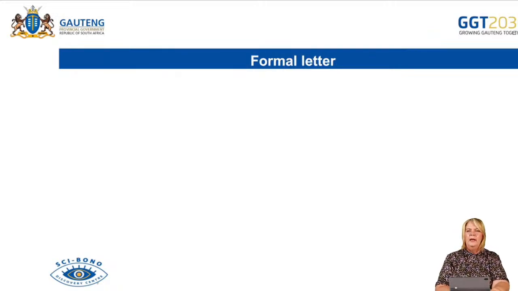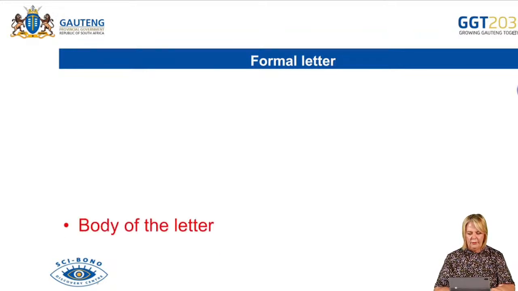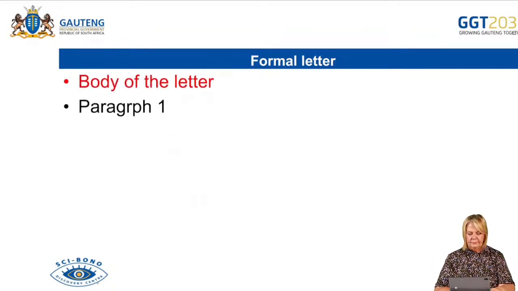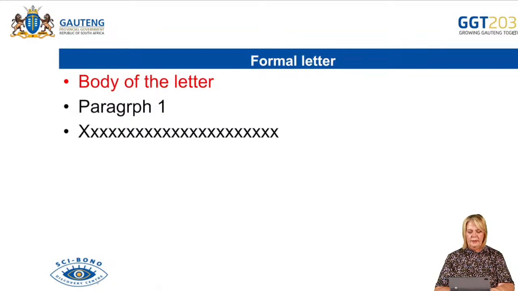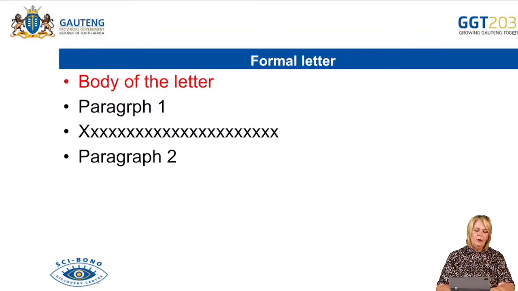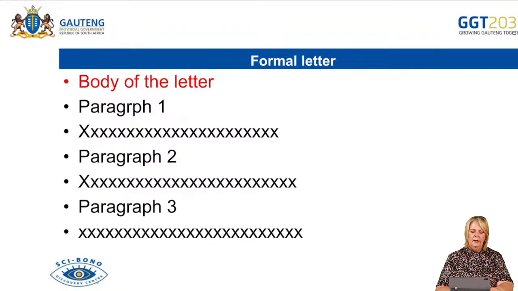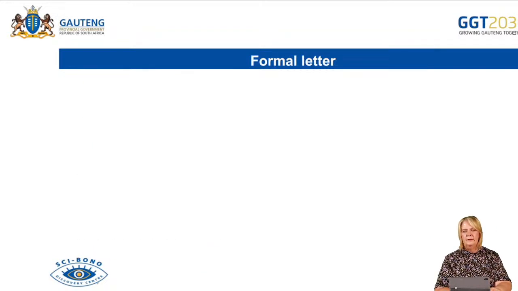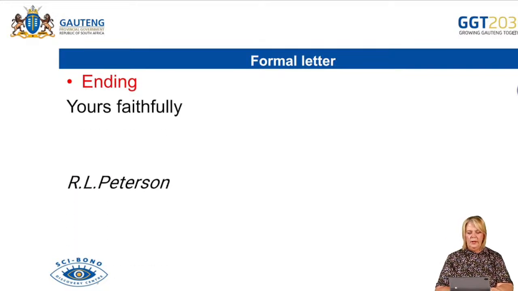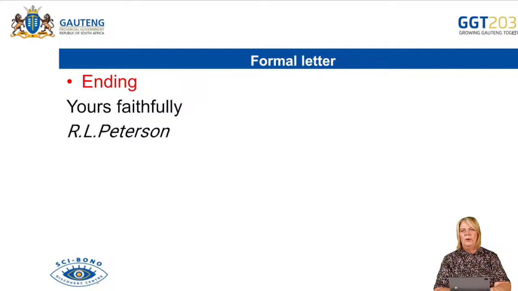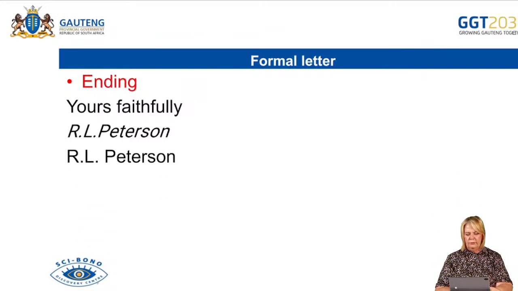Skip a line and then you have your 3 paragraphs. Paragraph 1, line open. Paragraph 2, line open. Paragraph 3, line open, and it ends with your ending. Yours faithfully, and then whatever. Remember, you sign and then you write your name and your surname or your initials and your name, whichever one you choose.